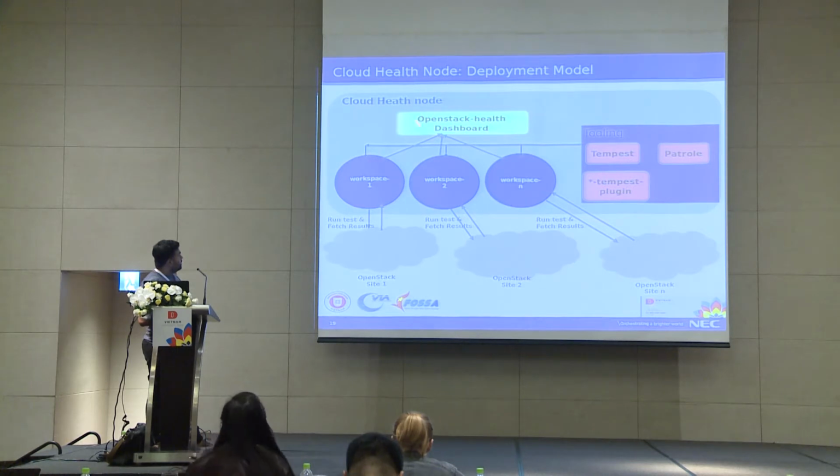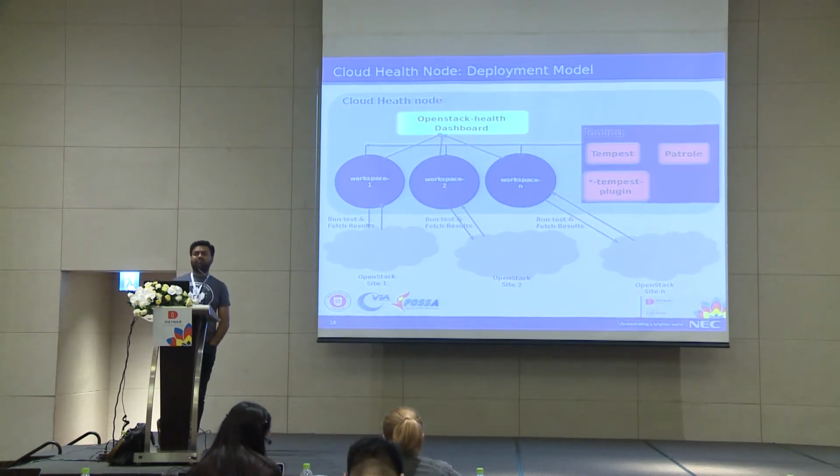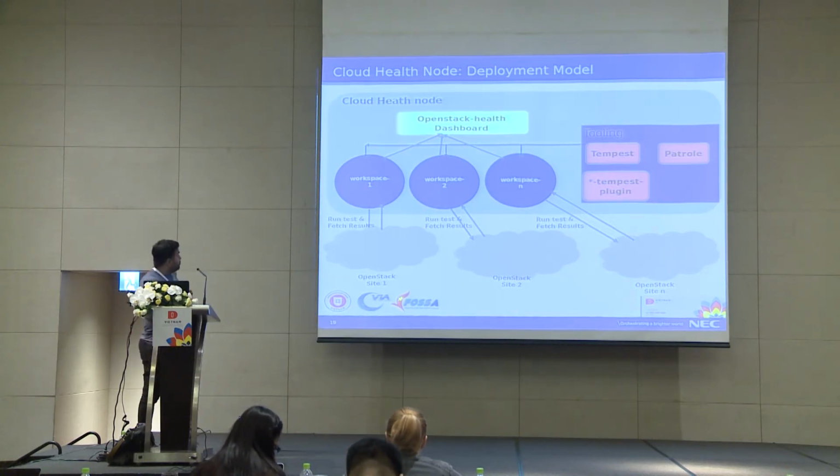What I created is a cloud health node. A cloud health node is especially for testing and monitoring your cloud health, whether it's good or not. In that cloud health node, you install Tempest, the plugins, and create three workspaces, and each workspace will run Tempest.